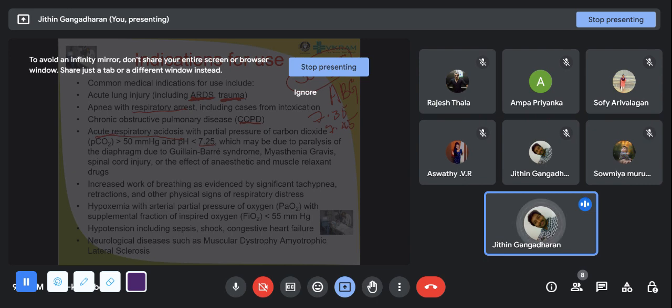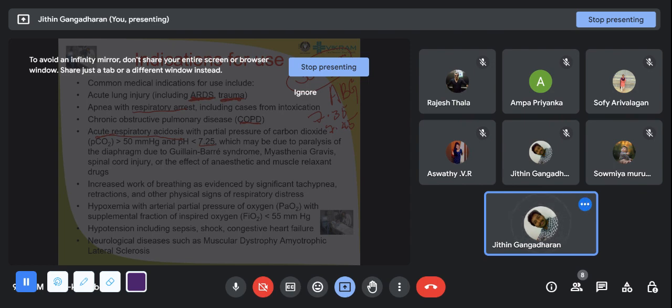Now, if there is a metabolic compensation, the metabolic part like the bicarbonate, when there is an increase or a disturbance in the bicarbonate, we can call it metabolic acidosis and alkalosis on the basis of pH. Whether there is a change in the carbon dioxide. Oxygen is not relevant when we are taking ABG.